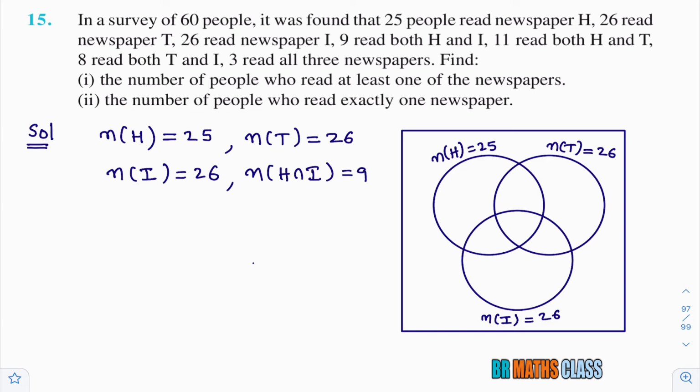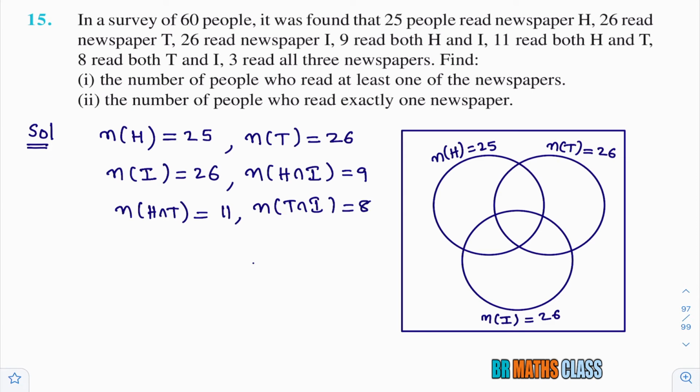And 11 read both H and T, so n of H intersection T equals 11. And 8 read T and I, so n of T intersection I equals 8.